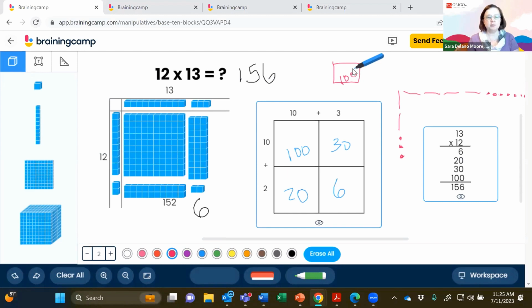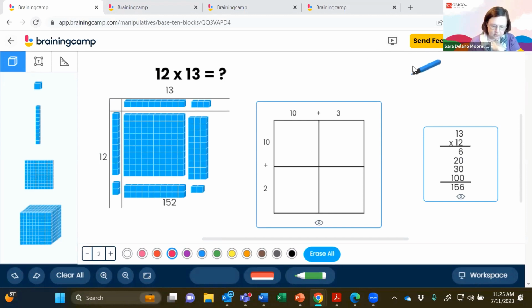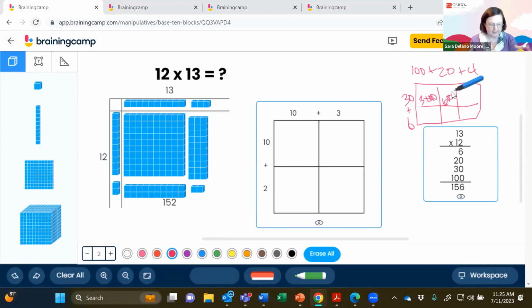I can use this approach with any 2 factors. If I have a 3-digit number, I'm going to erase all of this to give myself some room. I would say 100 plus 20 plus 4 times 30 plus 6. 100 times 30 is 3,000. 20 times 30 is 600, and continue filling them in.